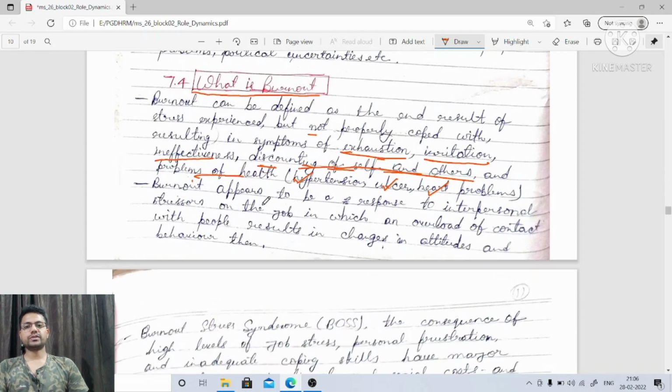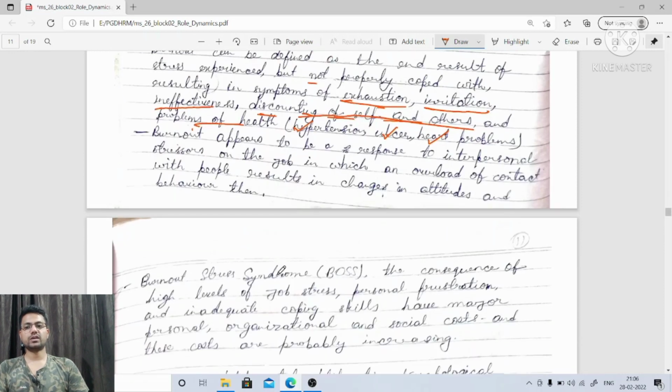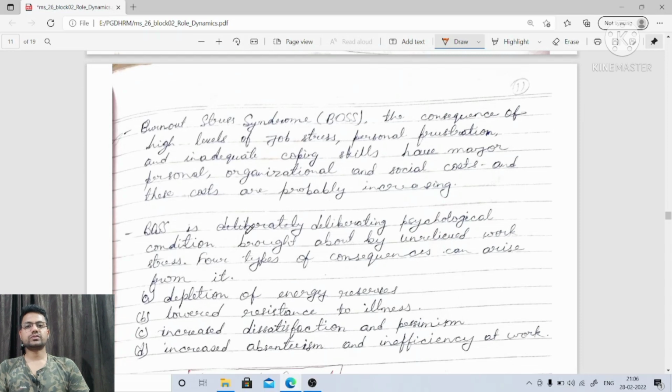Now, burnout appears to be a response to interpersonal stressors on the job, in which an overload of contact with people results in changes in attitudes and behavior. Now these things, burnout or stress syndrome.